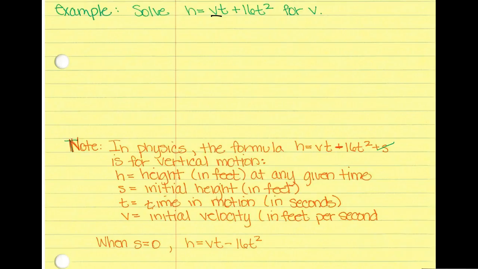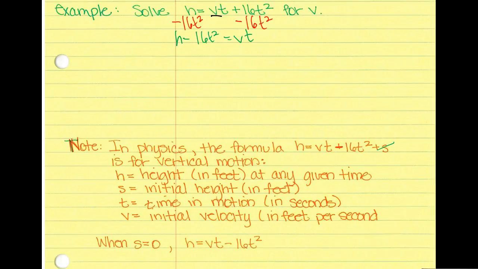So I have to undo that addition by subtraction. So subtract 16t squared. H and t's cannot be combined. So the left-hand side becomes h minus 16t squared equals v times t.